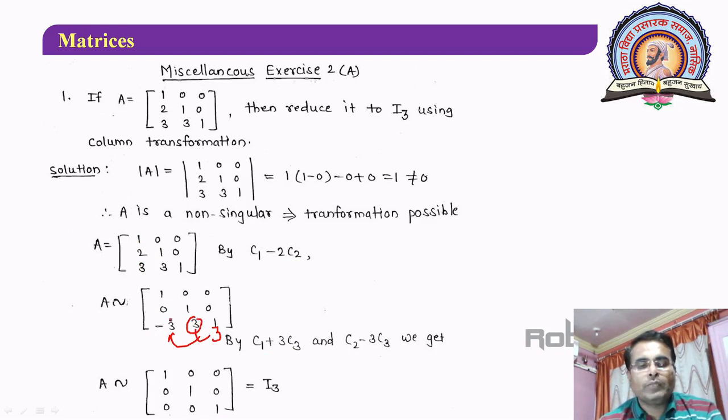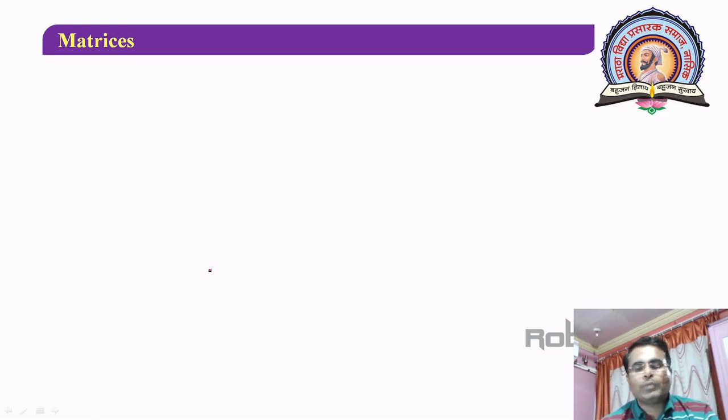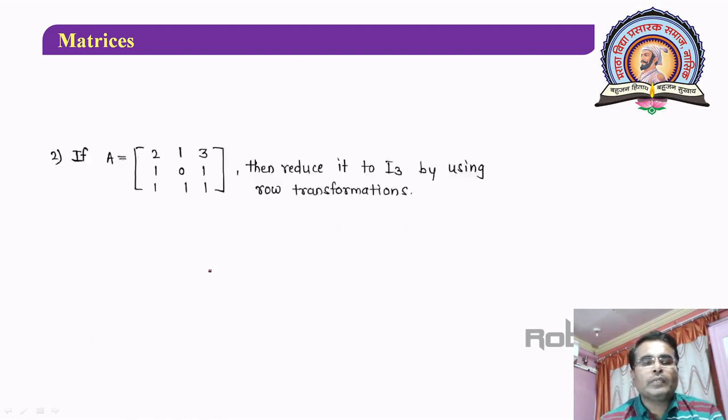So this can be made 0 by using these two transformations. Okay, so therefore A is reduced to an identity matrix 1 0 0, 0 1 0 and 0 0 1, which is I3. So using column transformations, you will observe that a lower triangular matrix is easily reducible to identity matrix, or an upper triangular matrix is easily reducible to identity matrix.